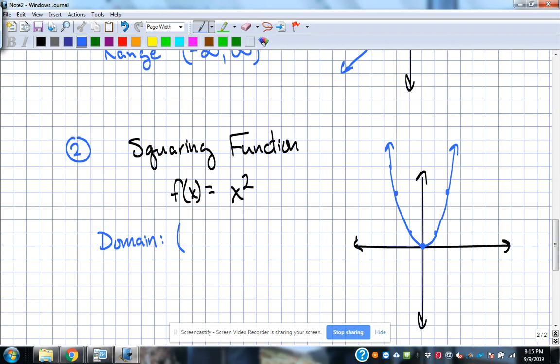The domain, remember, is left to right. So how far is this going out to the left? It's going forever that way. It's slowly getting there. It'd be slower and slower because it's getting steeper and steeper on the side. But it's going to the left forever. Over on this side, it's going up and to the right, but it's going to the right forever, right? So our domain would be from negative infinity to positive infinity.